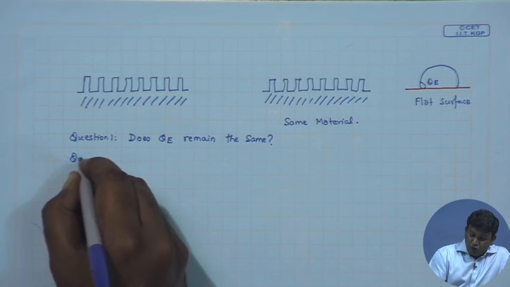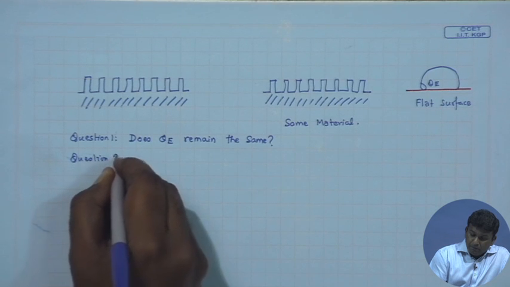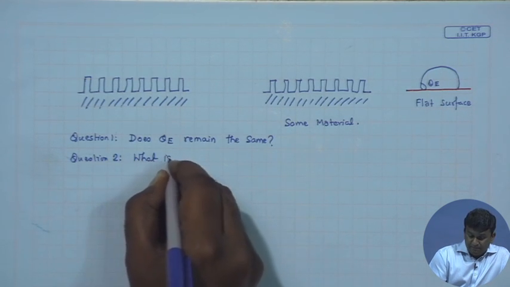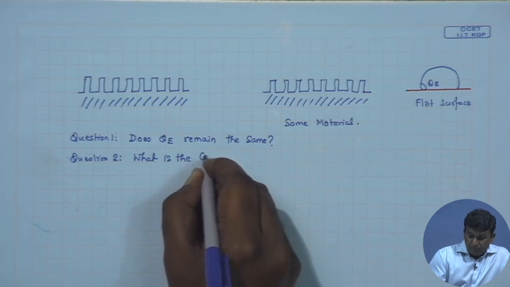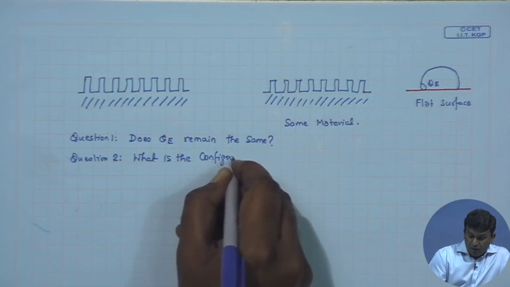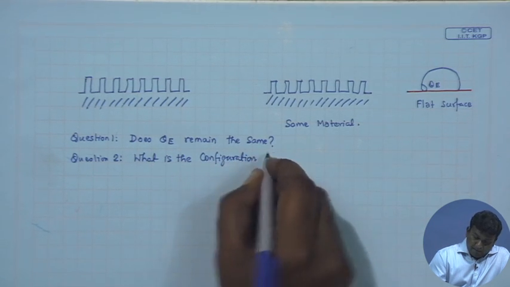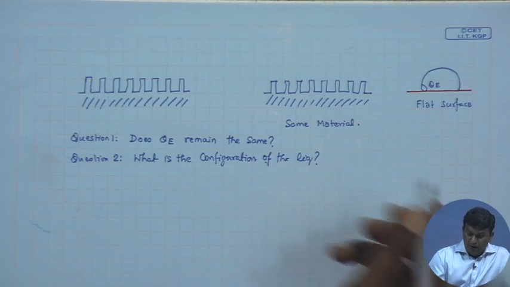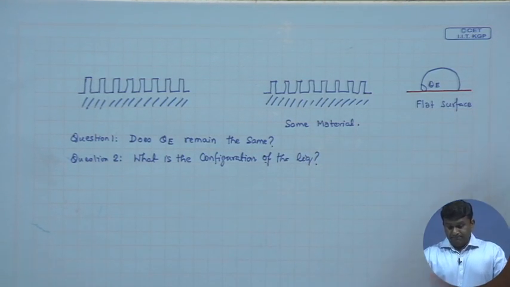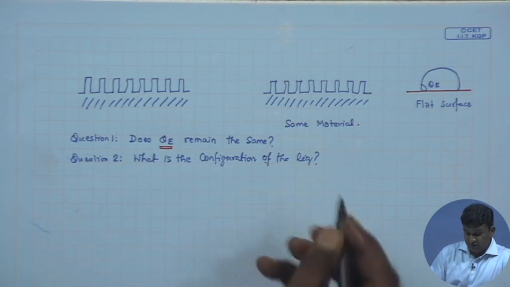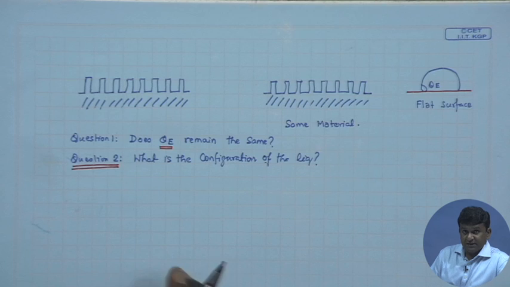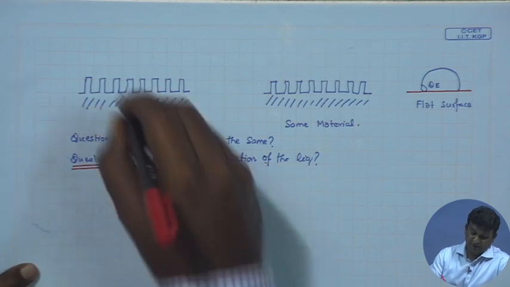And question number 2, a bit non-obvious, what is the configuration of the liquid? The first is a very obvious question, but maybe to some of you question number 2 itself is a little hazy at this point of time. Let us see what I mean.